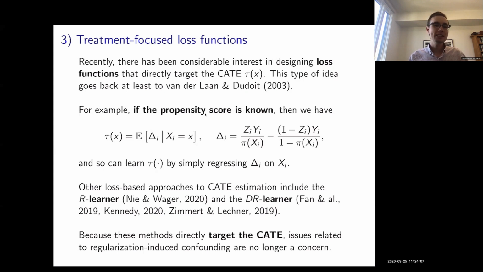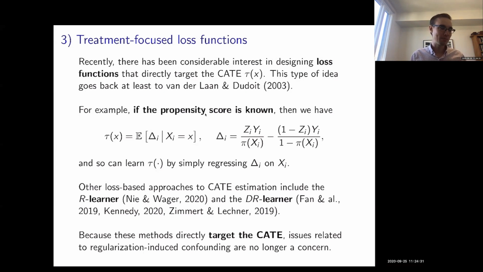So is there something else you can do, instead of looking at the regression loss function, using a different loss function that directly targets the treatment effect function, so you don't need to worry about regularization and induced confounding anymore?